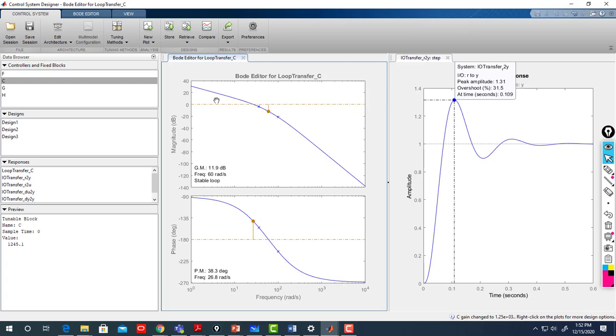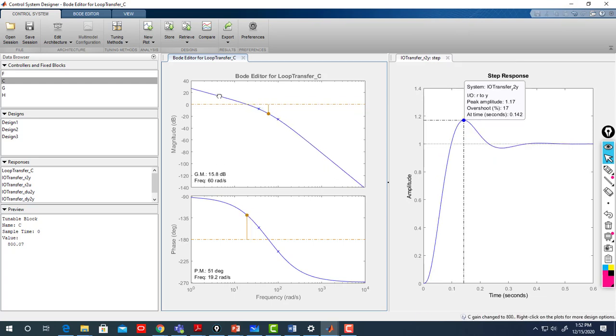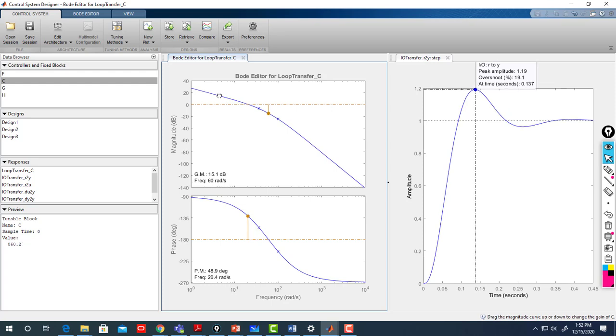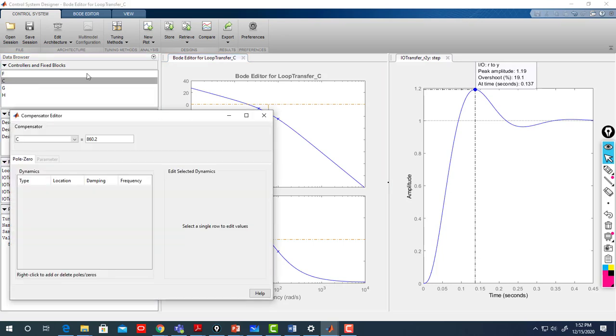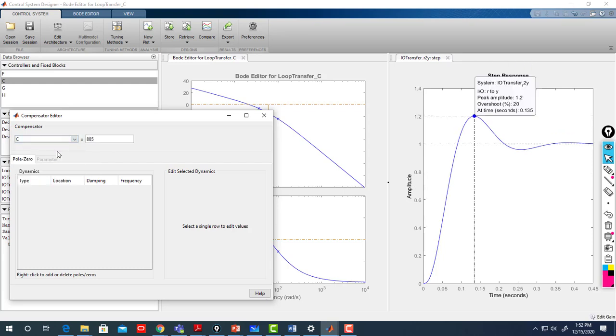Overshoot of 20. This is 17, this is 19 point something. So maybe not 860, but something close to maybe 885. You can play with it; just for the sake of time, I already did it before.